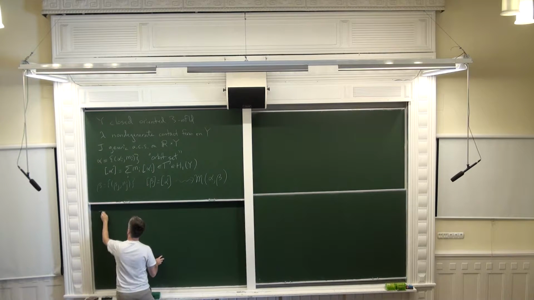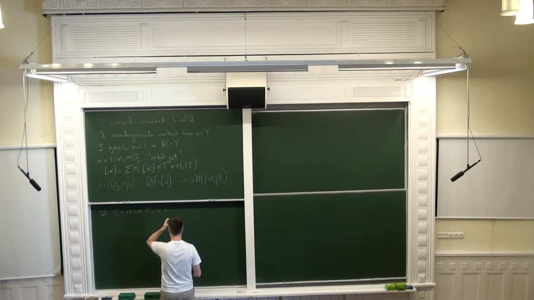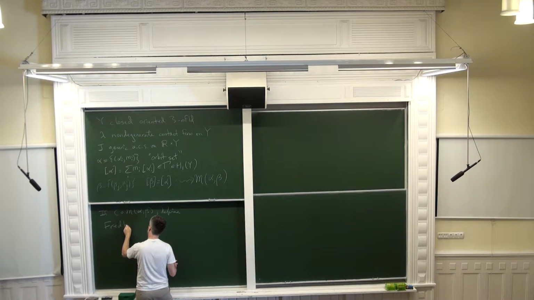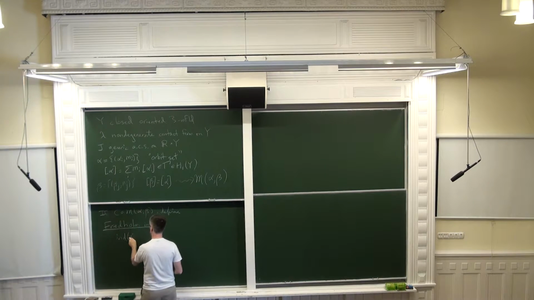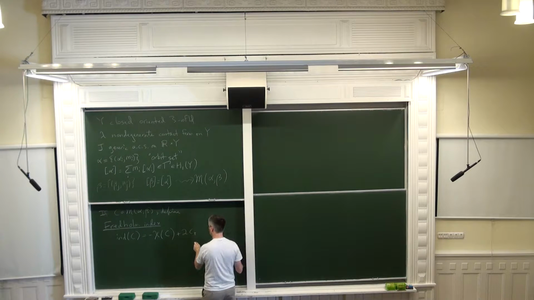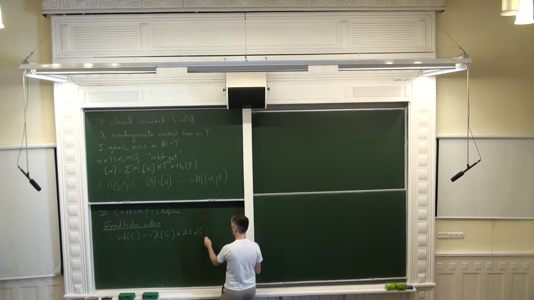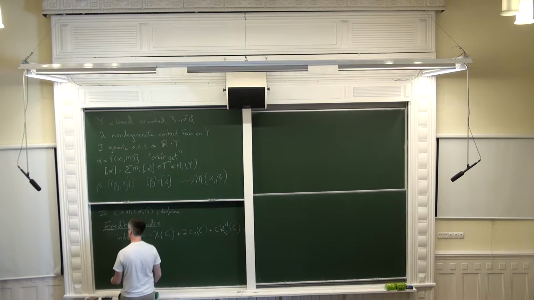So for C in the moduli space, we define the Fredholm index: ind(C) equals minus χ(C) plus twice the relative first Chern class of the contact plane field over C plus some asymptotic constants.